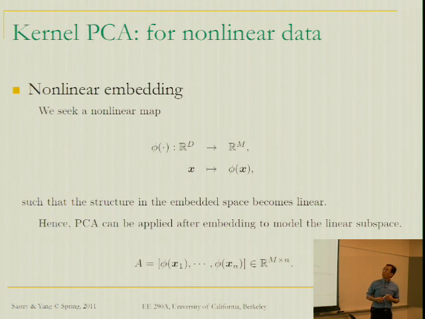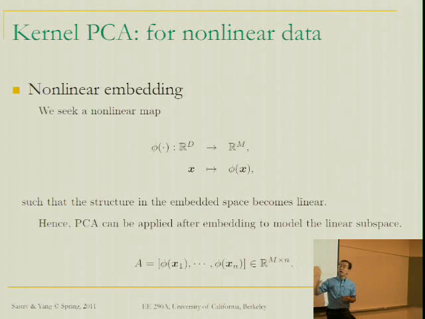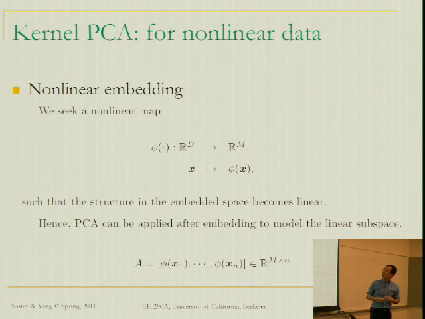So what we hope for in this extension is to find a nonlinear map, phi, such that I map the data from a capital D dimensional space to a capital M dimensional space. And our hope is that after the mapping, the structure of the embedded space becomes linear. I'm going to give you an example in the next slide.